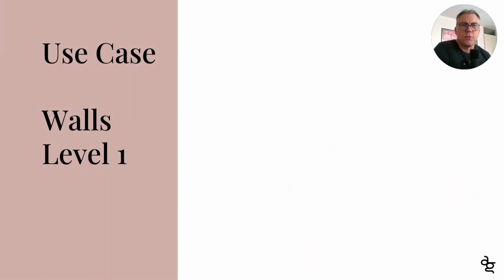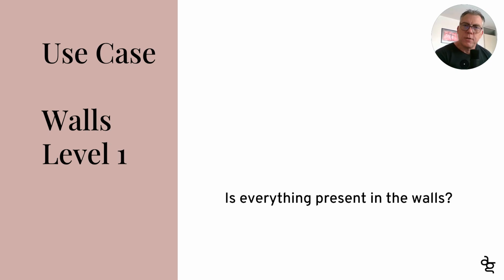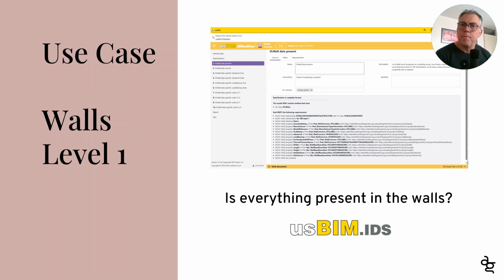Let's look at some use cases. So walls level 1. Let's start easy. Is everything present in the walls? And of course you can do this with a slab or with a duct segment or any entity you like.